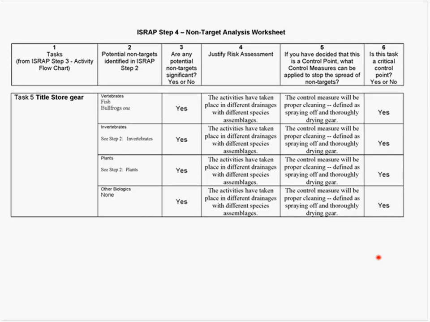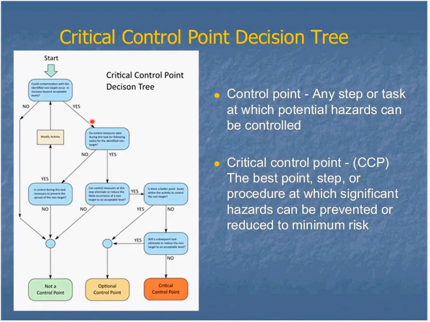To determine this column over here, we've created another decision tree, a new decision tree, so that a control point is any step or task at which a potential hazard, potential non-targets, can be controlled. And then the critical control point would be the best place to deal with that.